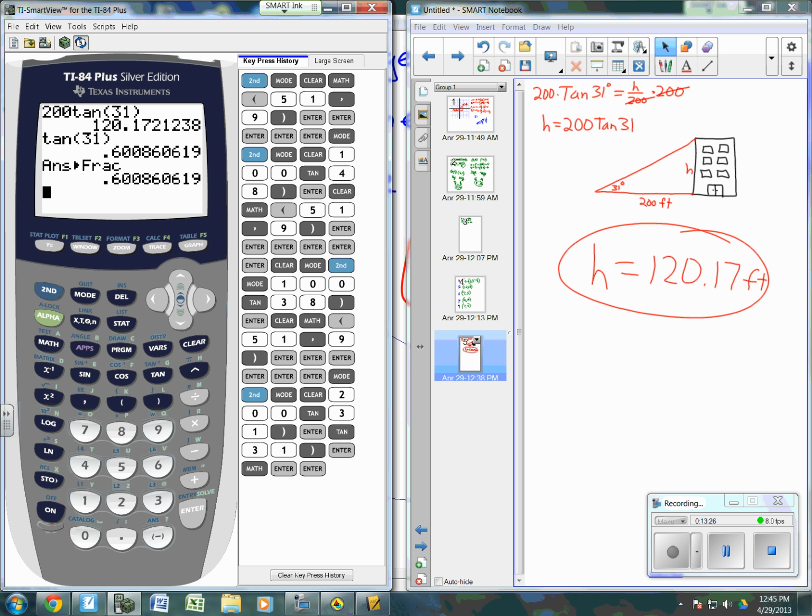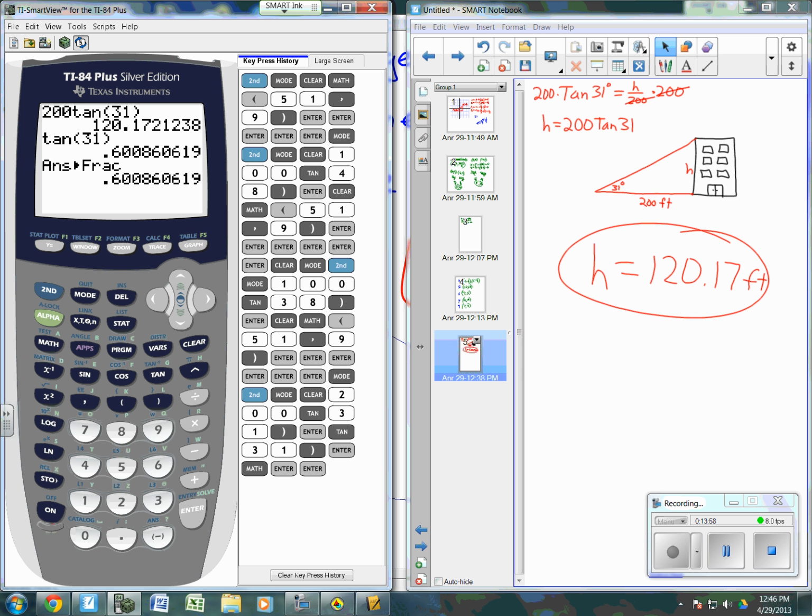How about say that again? The calculator just knows that the tangent of 31 is 0.6008, right? It knows that because it's programmed into the calculator. How do you know that? Because someone took a 31-degree angle and made it into a right triangle, and they took the opposite side and divided it by the adjacent side, and they got the ratio.